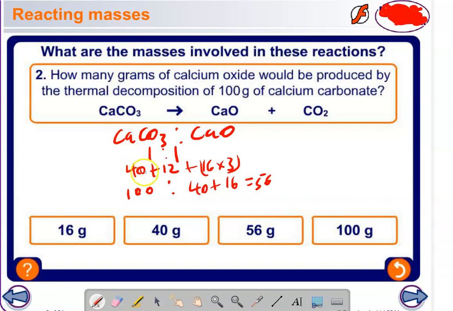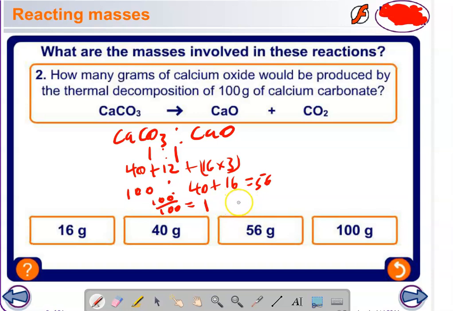Calculate the number of moles of calcium carbonate, and that is the mass that has been given, which is 100, divided by 100. This should give you 1. So the number of moles of calcium carbonate is 1, and the mole ratio is 1:1, so the number of moles of calcium oxide is also 1.